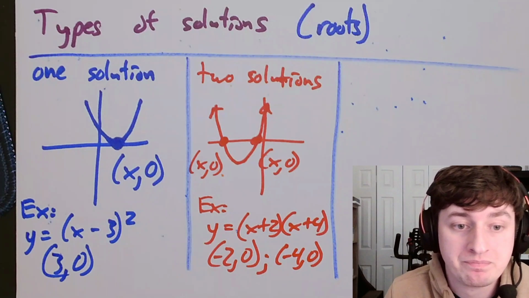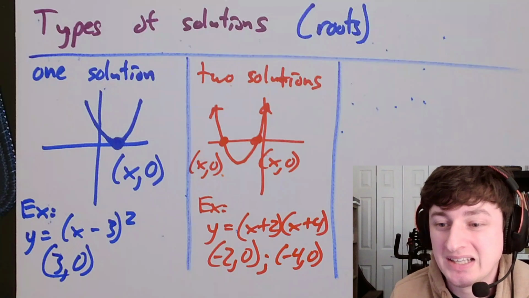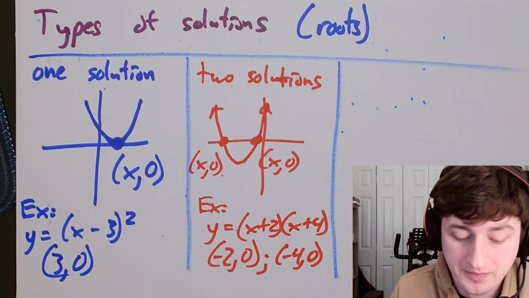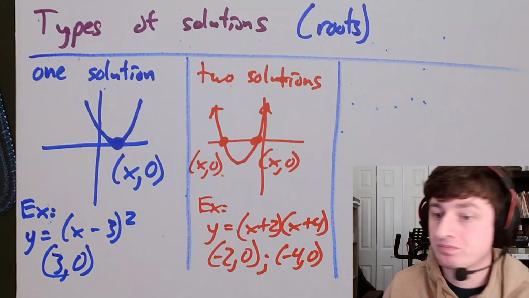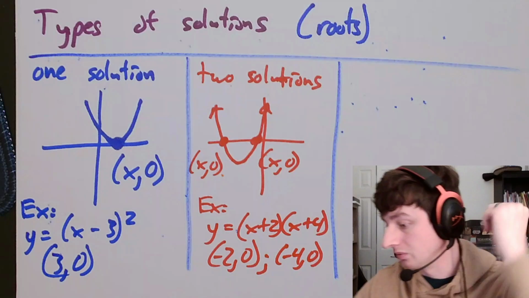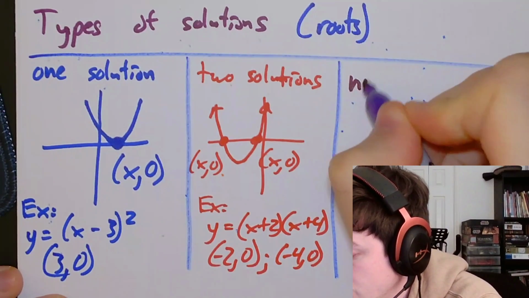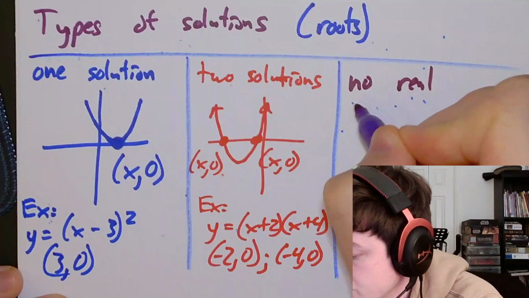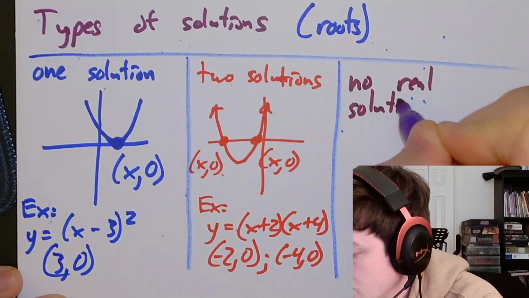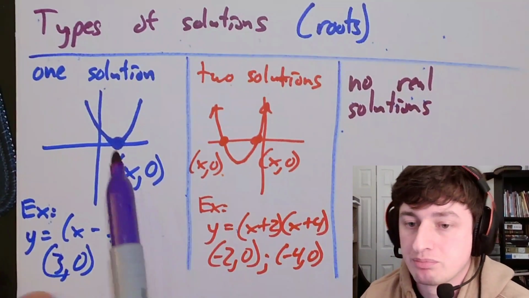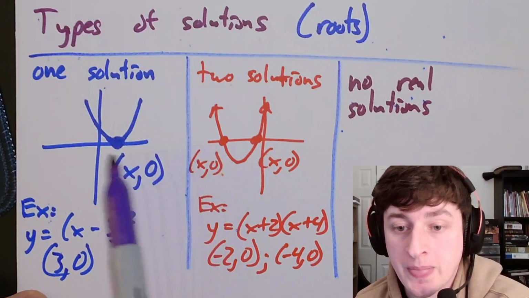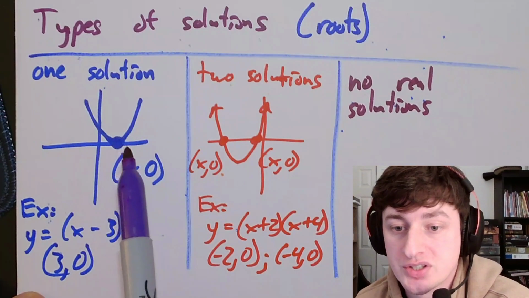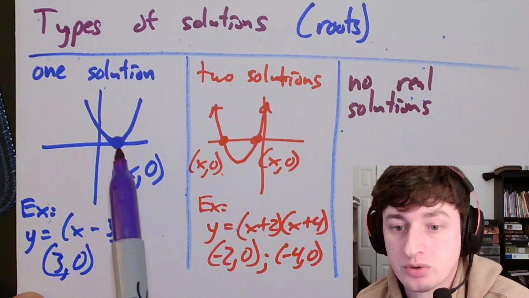There's another one that we're not really going to focus on yet, because we're not going to do imaginary numbers till next week, but where there are no real solutions. If we're thinking about the different possible positions for our parabola, we could have the curve just touch the x-axis at one point where the vertex is.